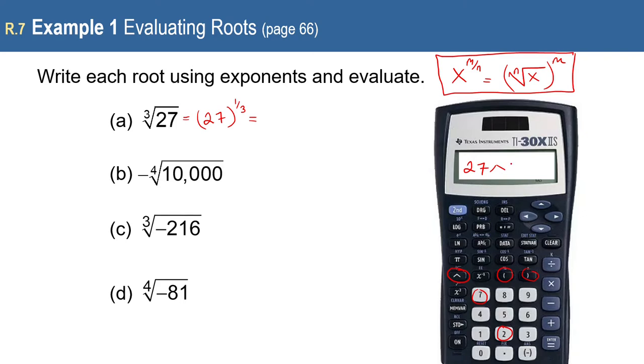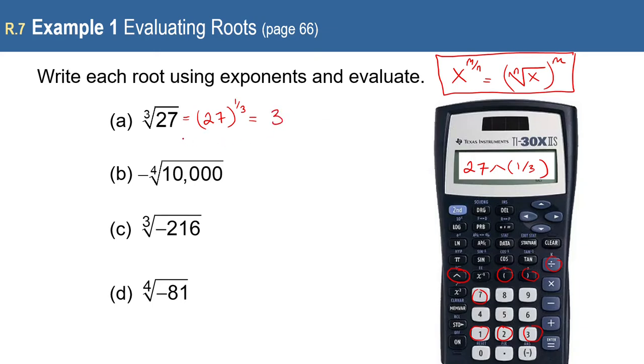So use a parentheses and enter 1 divided by 3 inside that set of parentheses, and this is 27 raised to the 1/3 power. If you enter that, you get 3.